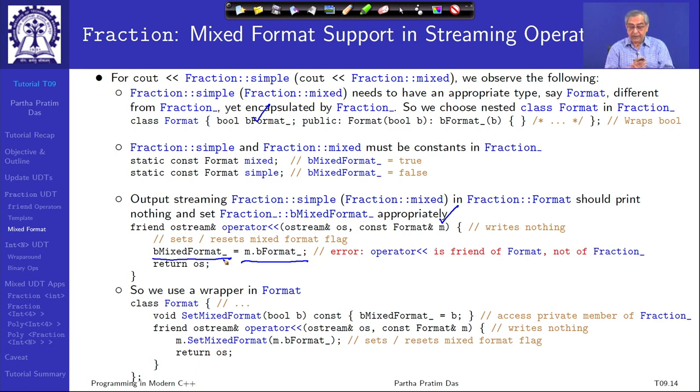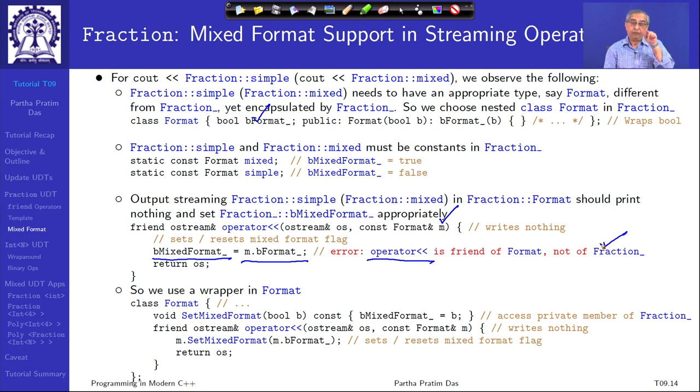That is fine. But the problem is the operator streaming is a friend of the format class, it is not a friend of the fraction class. So, it cannot directly access members of the fraction class.